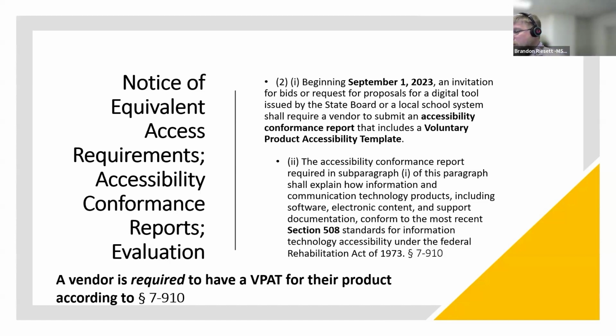The accessibility conformance report, ACR, should explain how the ICT, or information and communication technology products, including software, electronic content, and support documentation, meets the most recent Section 508 standards under the Federal Rehabilitation Act of 1973. This is also required with this is conformance to COMAR 13A 0605, which required digital tools to meet Web Content Accessibility Guidelines, WCAG 2.1 level AA. Go ahead to the next slide, please.